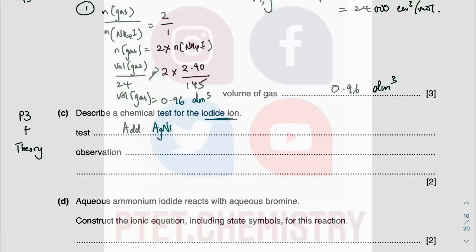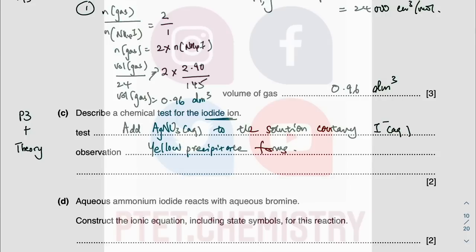Add AgNO3 aqueous to the solution containing I- aqueous. Soluble, insoluble. What you're going to get is a yellow precipitate. Yellow precipitate forms. I did say lead(II) nitrate is possible as well. So the other one is you can add lead(II) nitrate.